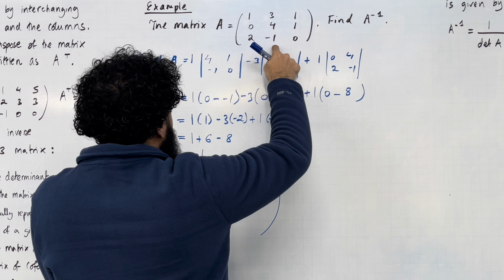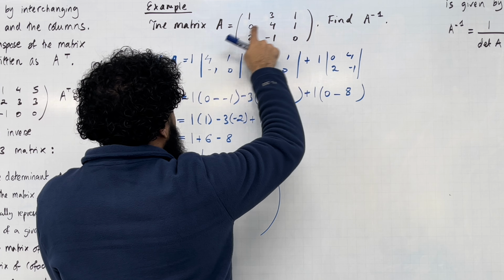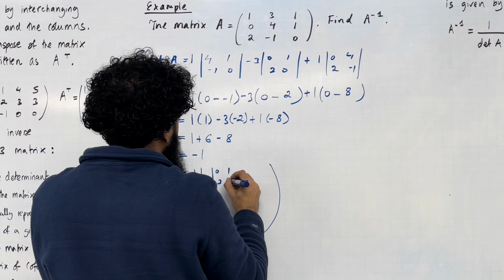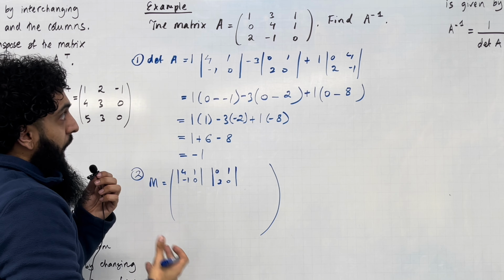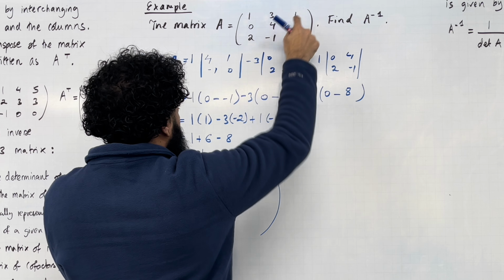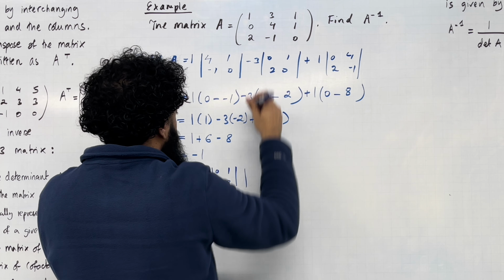Cross out the column containing this 3 and the row containing this 3. So I have 0, 1, 2, 0. Now I want the minor of this one here. Delete this column, delete this row. I get 0, 4, 2, minus 1.